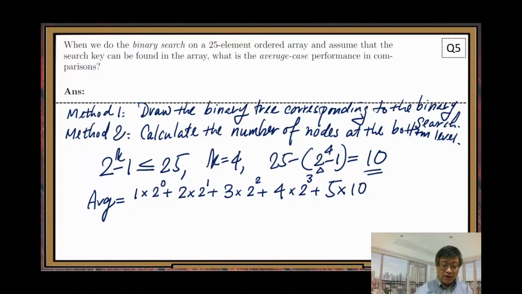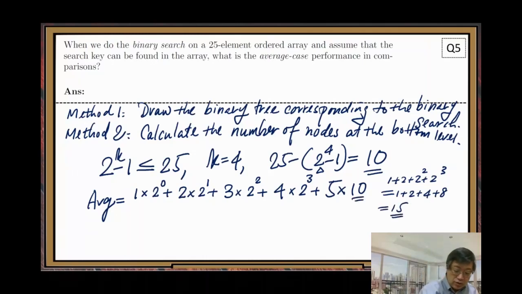So 1, 2, 4, 8: the previous 4 levels, 1 plus 2 plus 2 squared plus 2 cubed, 1 plus 2 plus 4 plus 8, right? So you have 15 here, 15 plus 10, total 25, right? So the numerator, you have that.